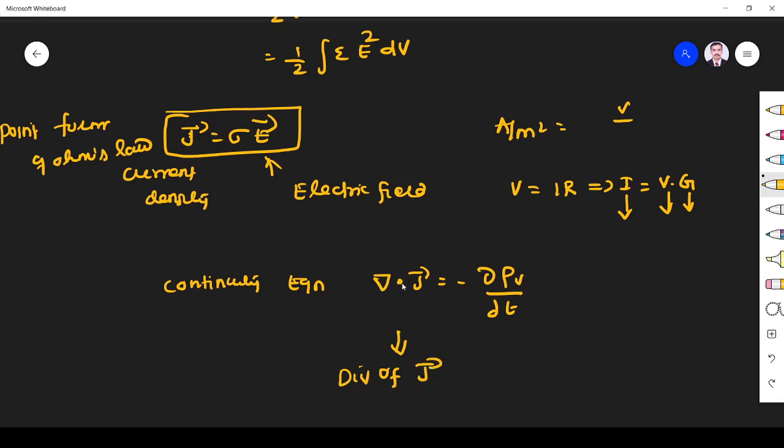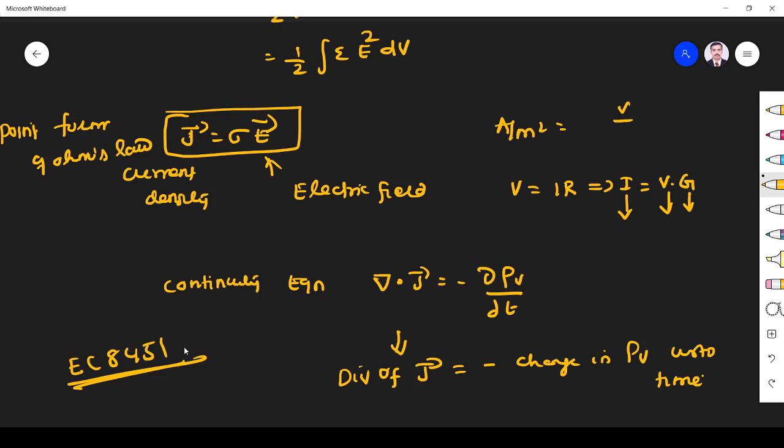Del dot J, the divergence of J, is equal to the negative of the change in rho V, the volume charge density, with respect to time. If you want to know the detail, please refer to my playlist on AC 8451. I have explained everything in detail, so there you can understand.